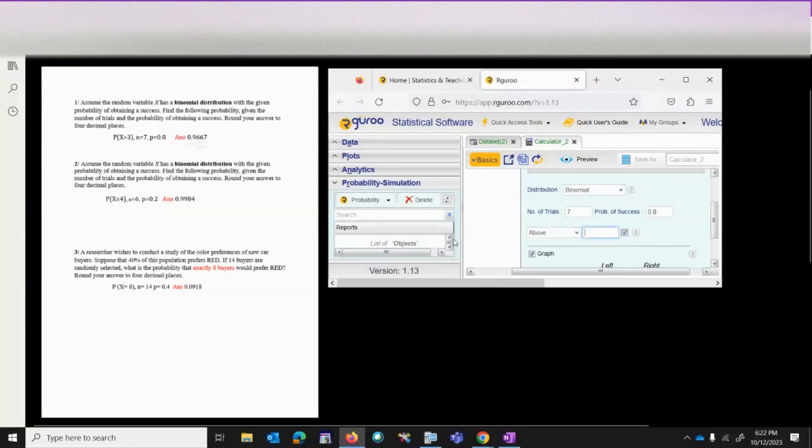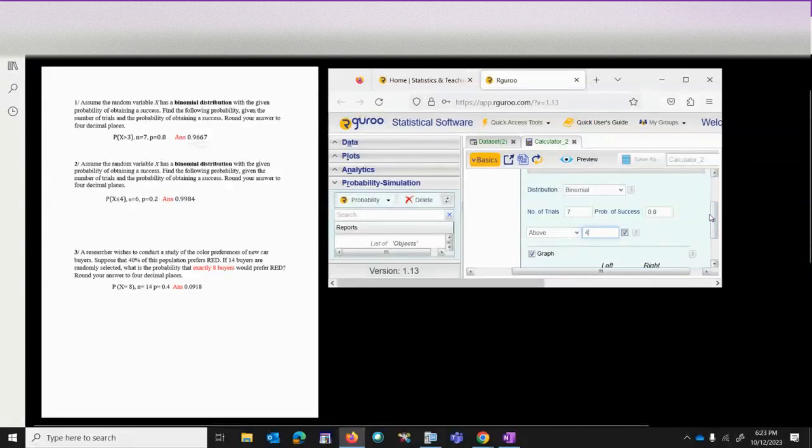Greater than 3 means above 4. Rguroo doesn't know greater than, it knows greater than or equal to. So when you enter 4, you are writing greater than or equal to 4, which is the same as greater than 3. Remember that one.